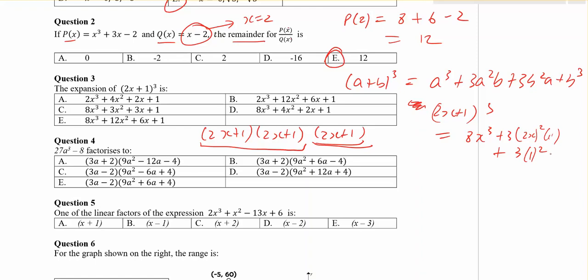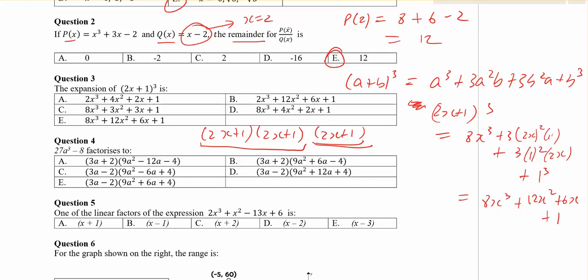So you get 8x cubed plus 4x squared times 3 is 12x squared. And then we've got 3 times 2x is 6x plus 1. So the answer should be, let's see, which one is it? It's E. So question 3 is E.